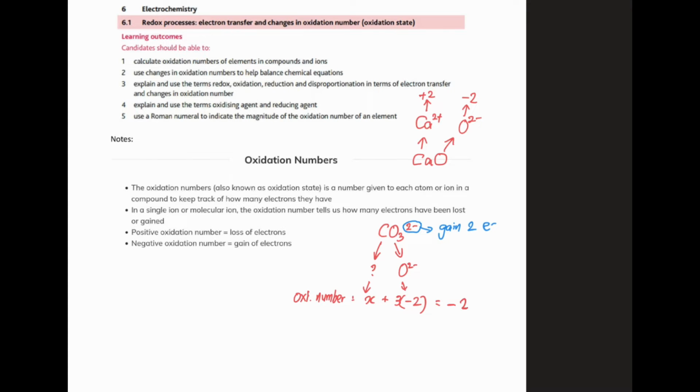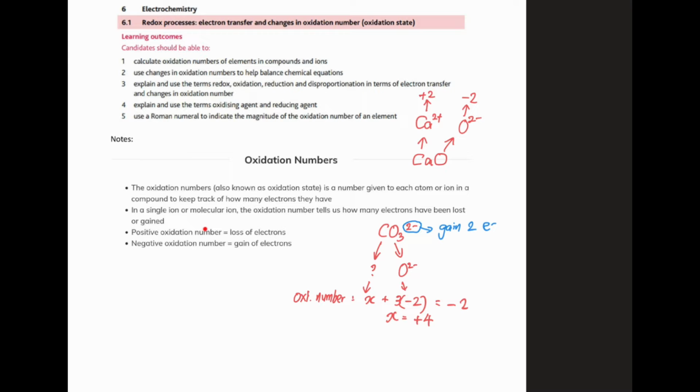After that, you can just work it out to find the x. We solve this equation and you will get positive 4. That is the oxidation number of carbon, which you initially don't know, but you can count it out at the end. Let's see more information.